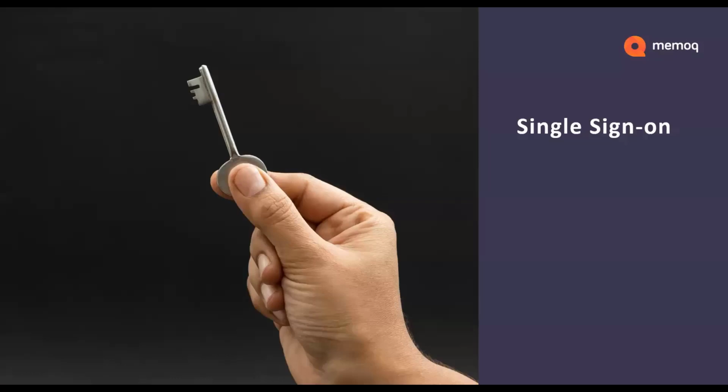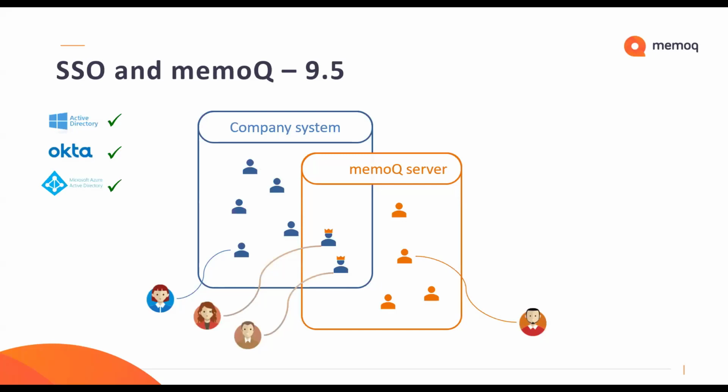And single sign-on. Just a refresher. So what we introduced with 9.5 was that when a company had already had some kind of an identity provider service in place, it's been possible since 9.5 to allow the users who are already there in their company system to use that same account to log in to memoQ server.